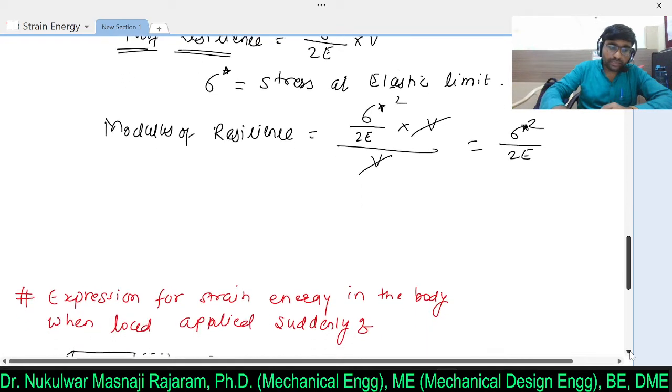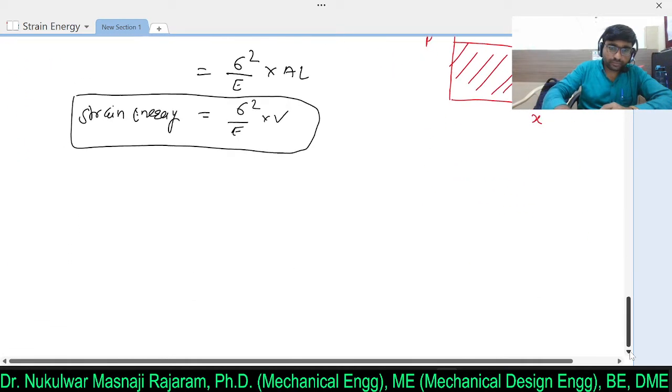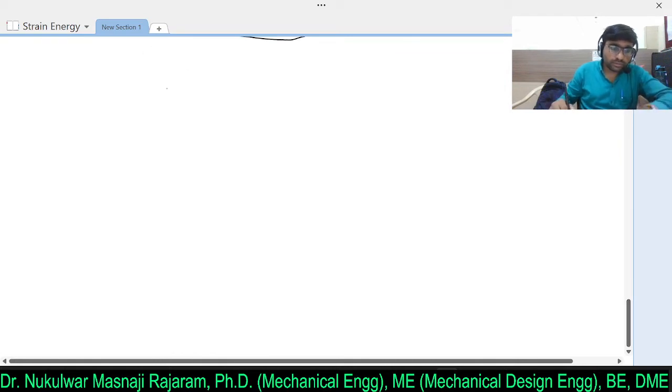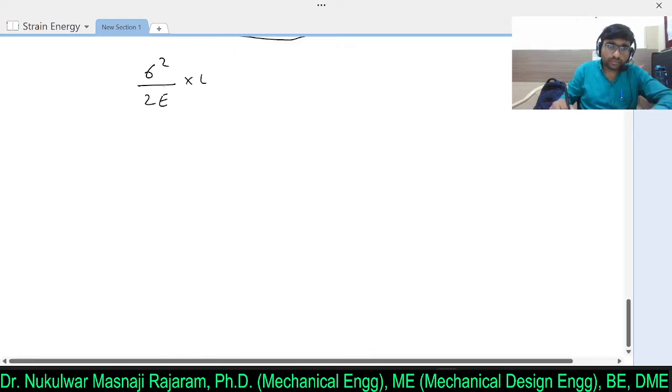I can rewrite this equation again, that is sigma square divided by 2e. Now here we want in terms of p and a.